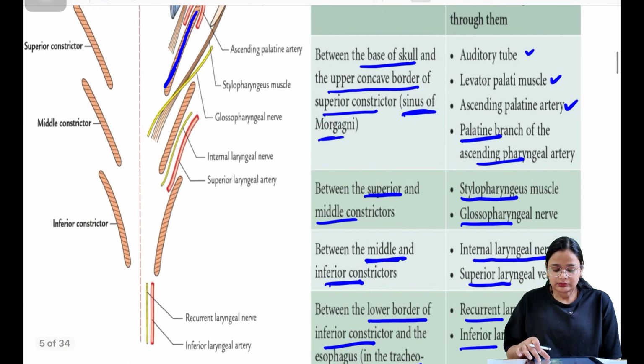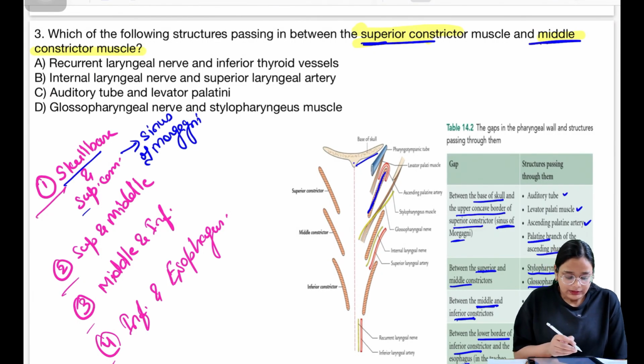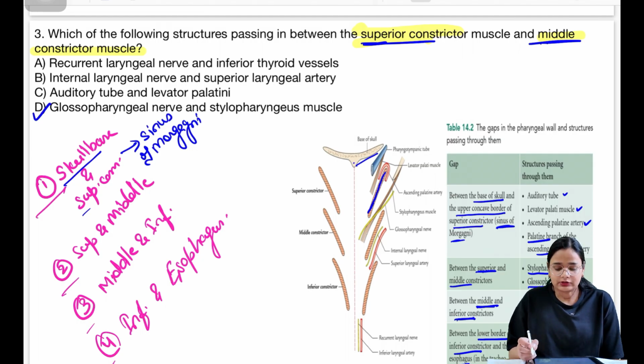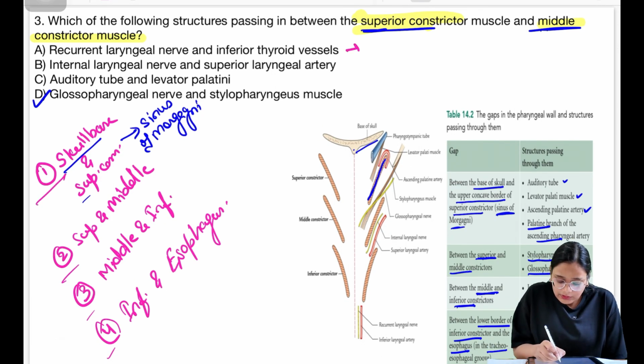In this question they have asked about the structures that pass between the superior constrictor and middle constrictor, so our answer will be the glossopharyngeal nerve and stylopharyngeus muscle. Why not the recurrent laryngeal nerve and inferior thyroid vessel? Because those are between the inferior constrictor and esophagus.